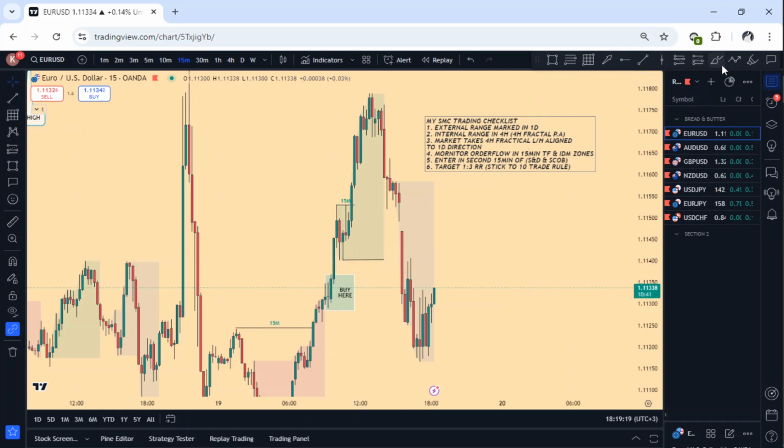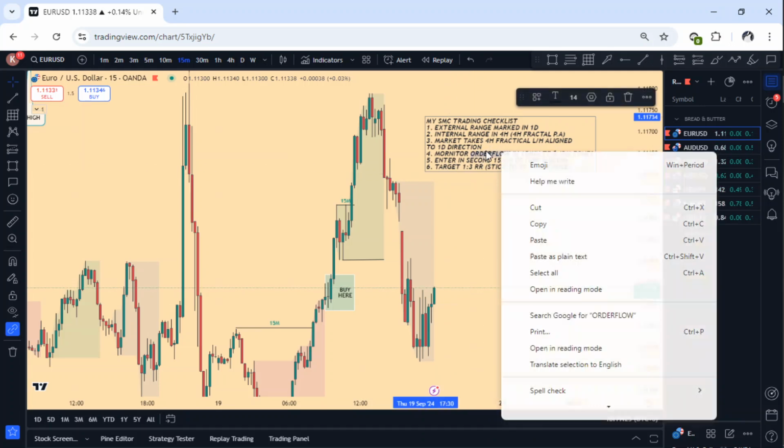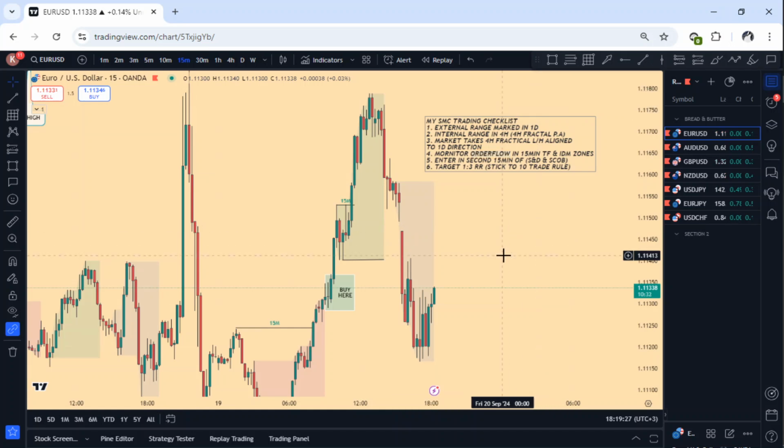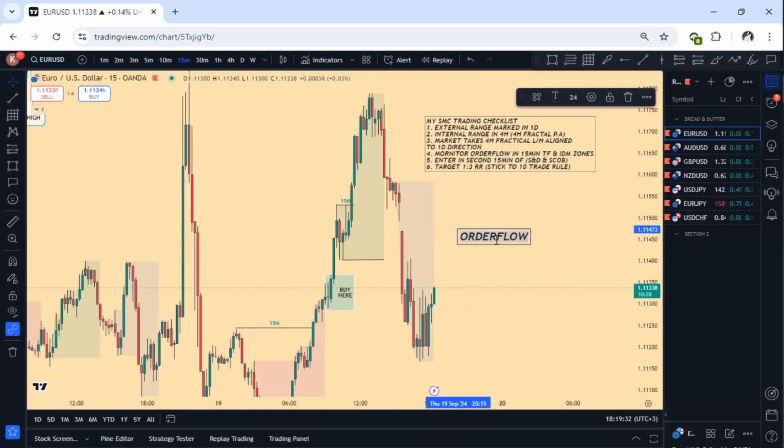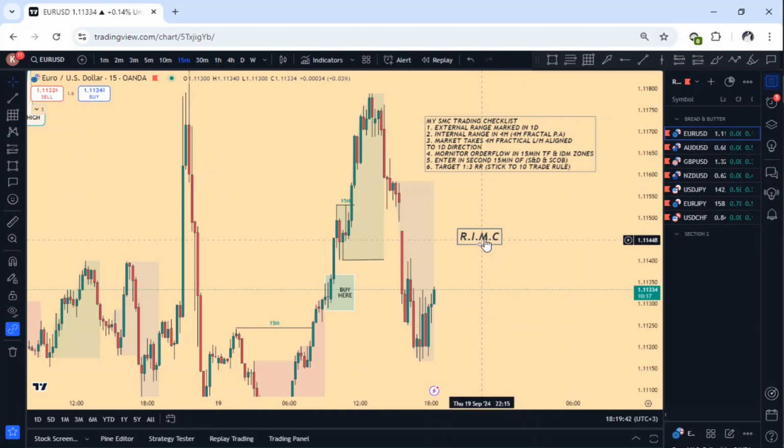what I'm trading is very, very simple. If you understand something called RIMC, basically this is how the price moves.